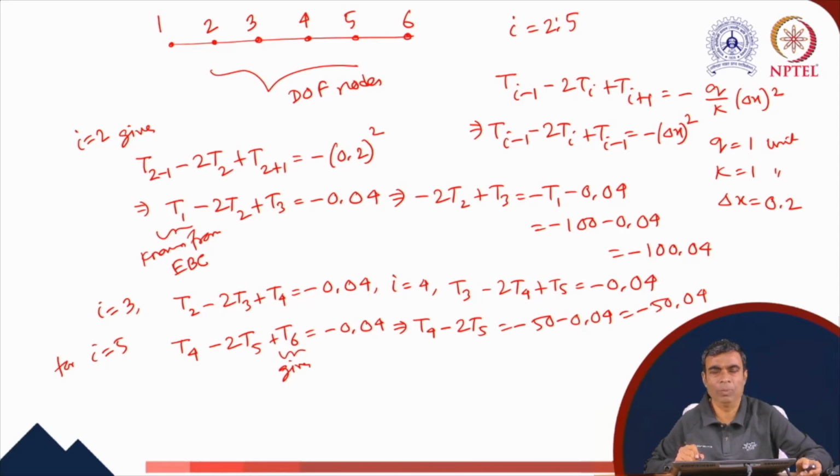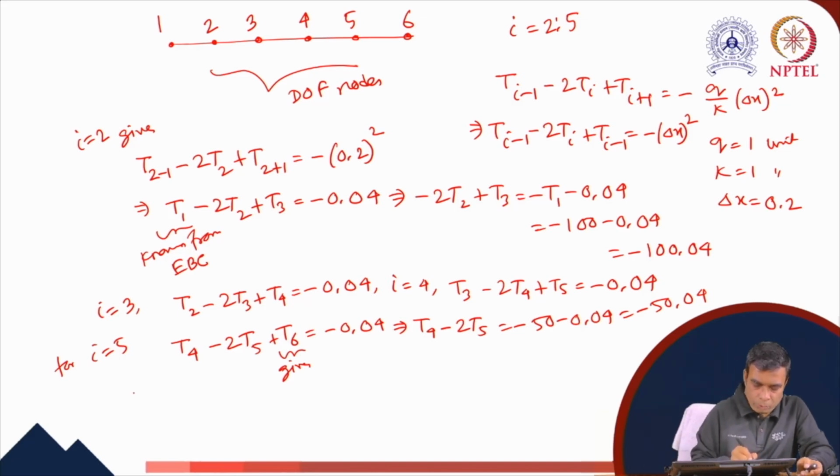In finite volume also, there is no concept of local nodes and local equations. All the equations we have written are global equations. So the matrix which we shall construct now is also the global matrix equation system.